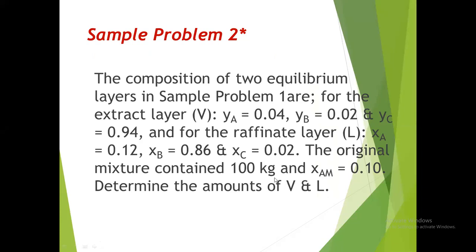The V phase is referred to as the extract phase. The L phase is referred to as the raffinate phase. They are the product phases when we contact the feed with the solvent in the process of liquid-liquid extraction.